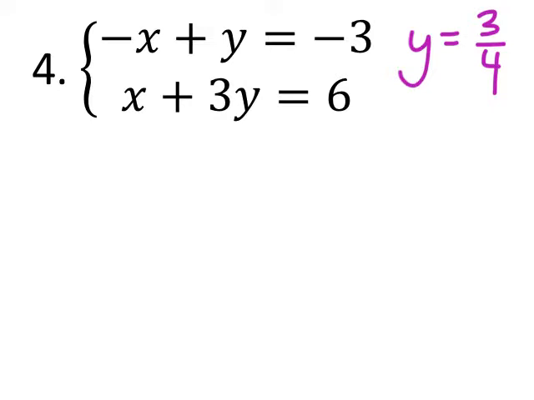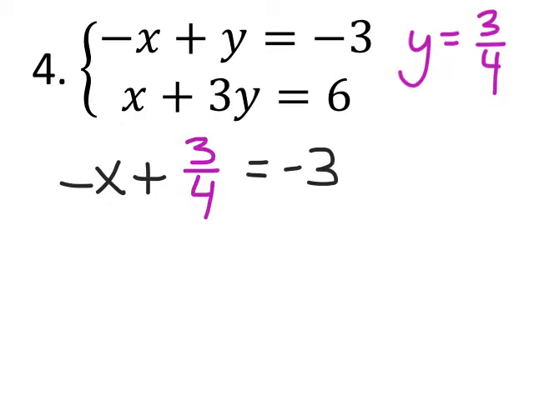Alright, so I'm going to go ahead and use that top equation. It doesn't have any other coefficients other than the negative for x. So if I were to rewrite this equation, I'd have negative x plus now y is 3/4 equals negative 3. So to solve this, I'll subtract 3/4 from both sides.